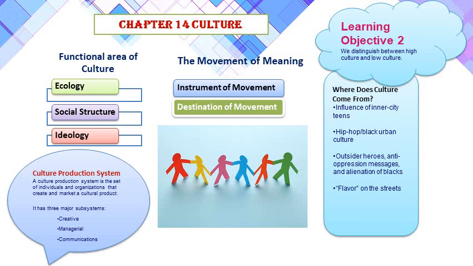Even though inner city teens represent only 8% of their age group and have incomes lower than their white suburban counterparts, their influence on young people's music and fashion tastes is great. Popular culture can arise from many sources and become symbolically connected to others.